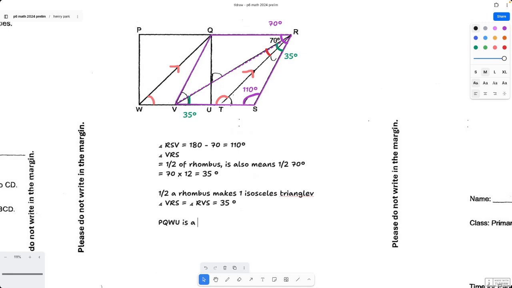PQWU is a square. Then angle QWU is half of a right angle, or 90 degrees. So it's equal to 90 times half, which is 45 degrees.